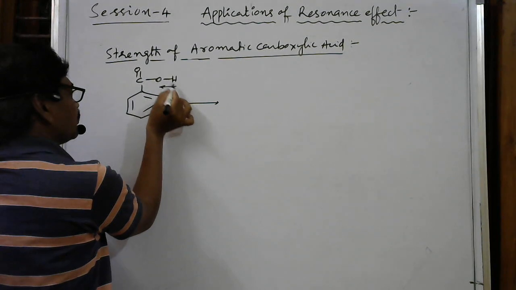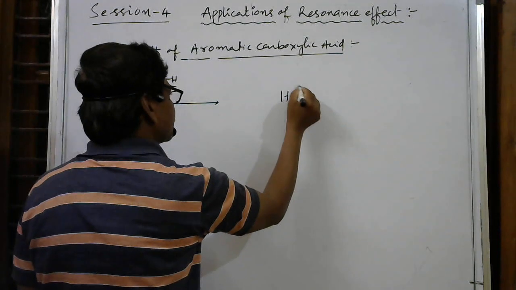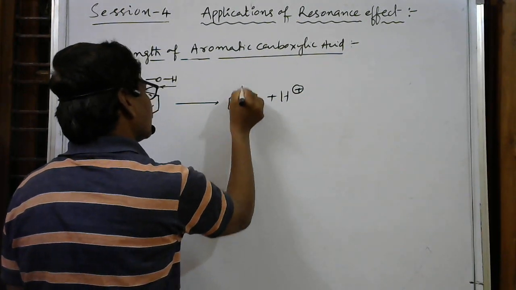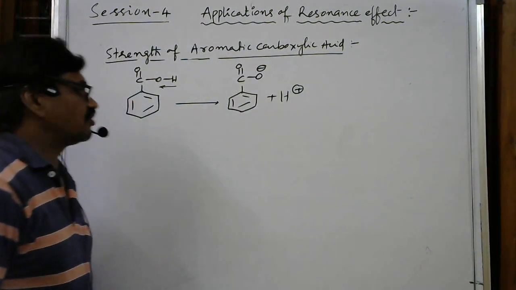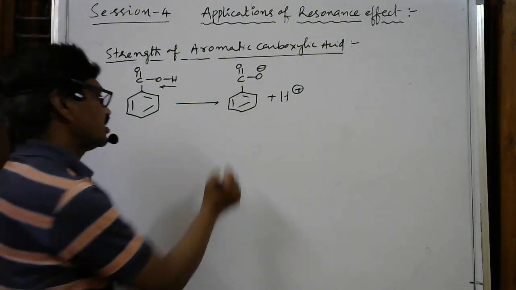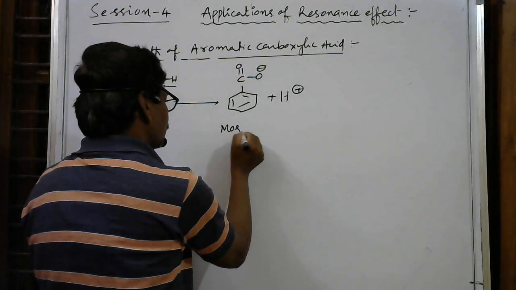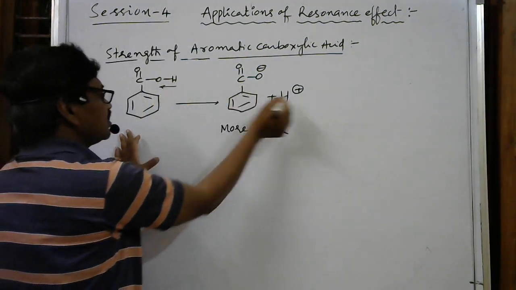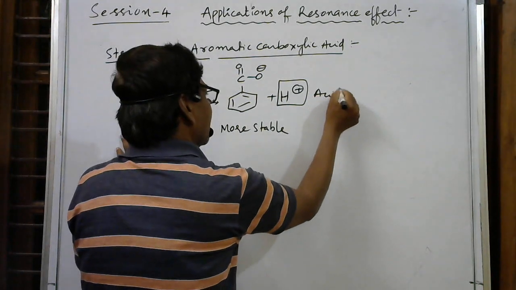Therefore, this electron pair is shifted to oxygen, so it is easy to release the H plus ion, and it forms a more stable carboxylate with two identical resonance forms, with negative charge. It is more stable, so it can easily lose its H plus ion.